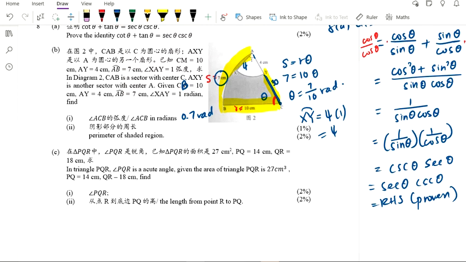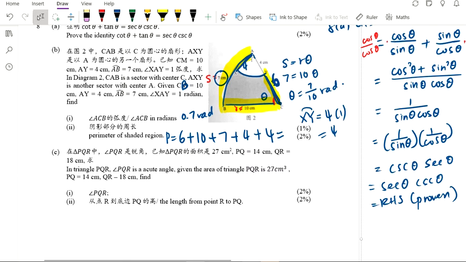Careless mistakes can be made anyway. So perimeter is 6 plus this side is 10 plus this arc is 7 plus this is 4 plus this one is 4. Then just press the calculator.